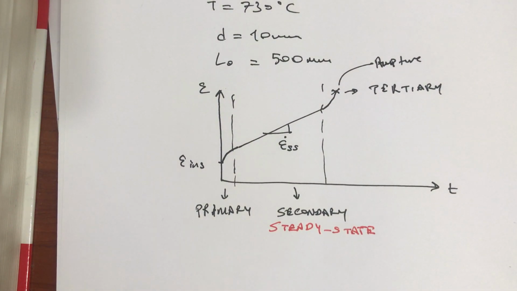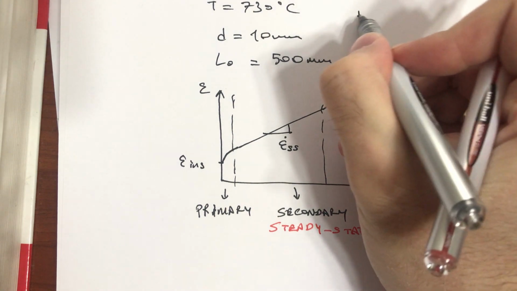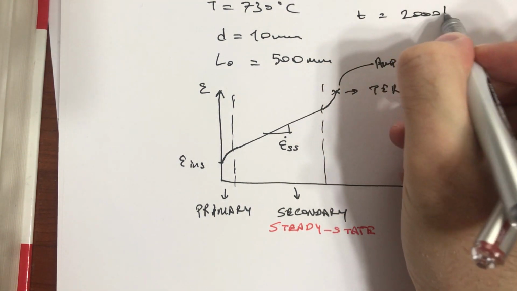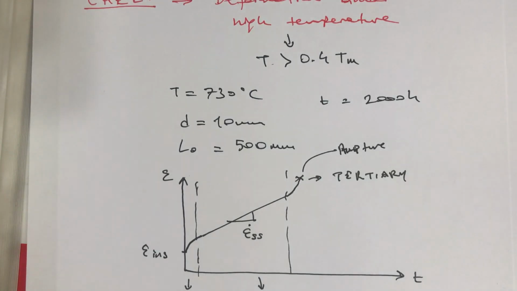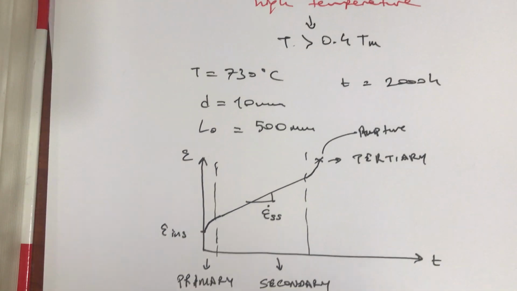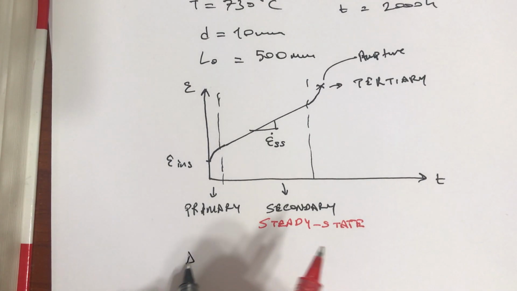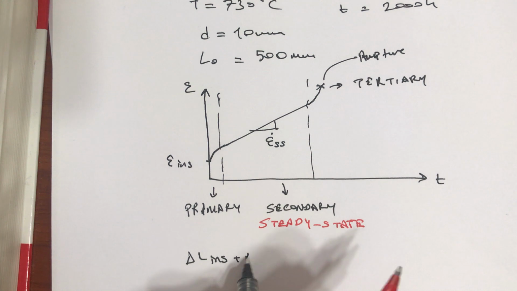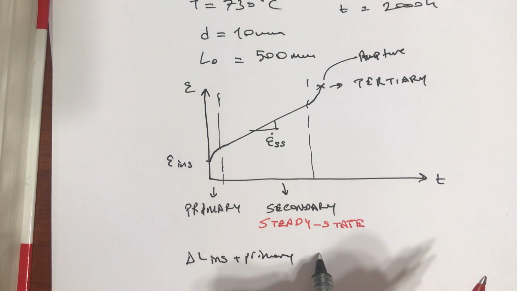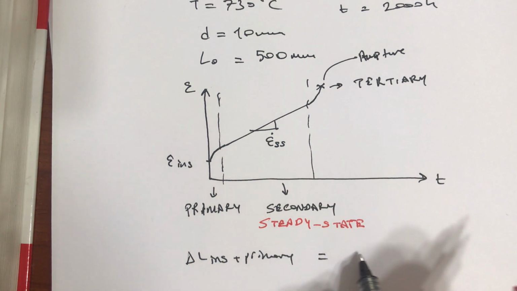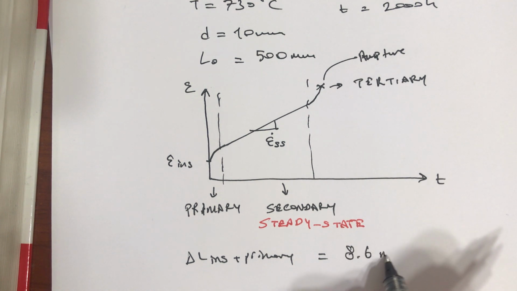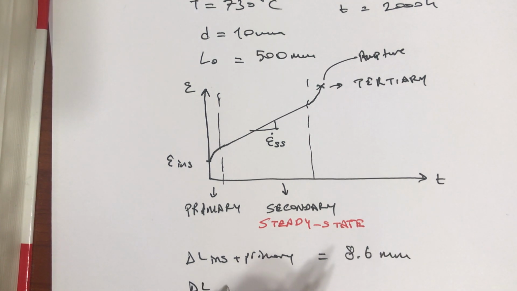So we have all our parameters, and the process lasts for 2000 hours. Okay, the primary and instantaneous elongations are already given as 8.6 millimeters. Total elongation is going to be 145 millimeters.